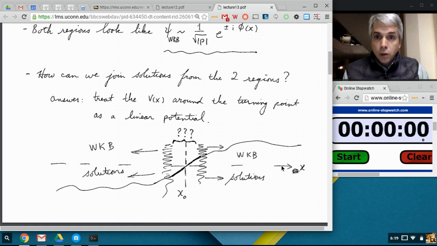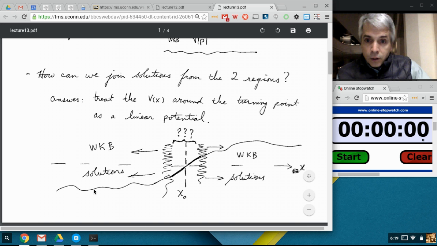Here in WKB, we have disjoint regions over which we're able to write down WKB solutions, but matching them up across the two boundaries is a challenge. That's what I've tried to represent here. Now I've drawn again the same kind of rough and crude potential, to the left classically allowed, to the right classically forbidden.